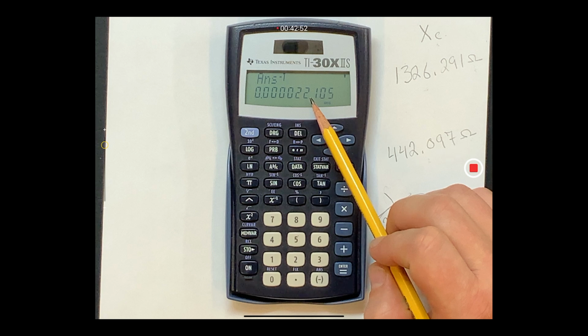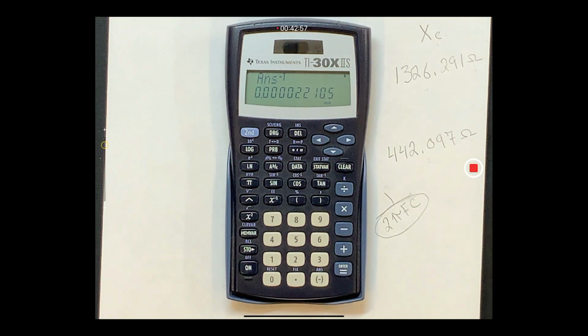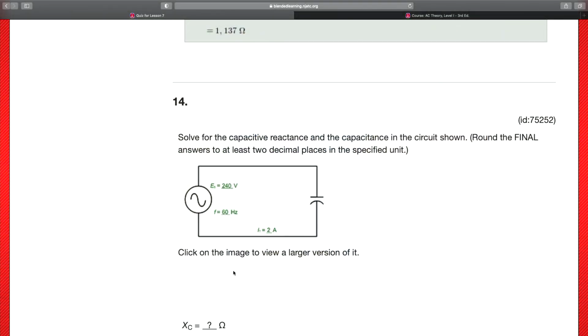Looks like 22.105 microfarads. And going back to the question, they do ask us to round it to 2 decimal places. So don't forget to round that to 2 decimal places before entering your answer.